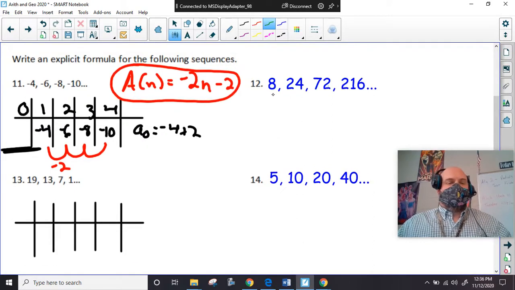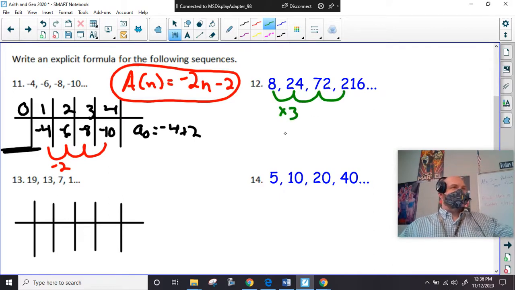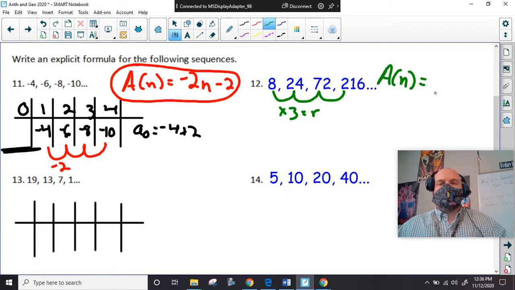So, number 12. What's going on right here? Yeah, we're multiplying by 3. So we know it's going to be geometric. Okay, so this is my R. So I'm going to have a of n equals something, we don't know what it is yet, and 3 to the n power.